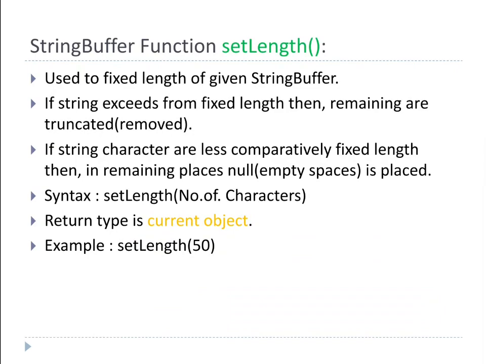If the set of characters is less than the fixed length, then null or an empty space is placed in that position. See the syntax: setLength and the number of characters you want, you have to write there. The same thing, it returns the current object.